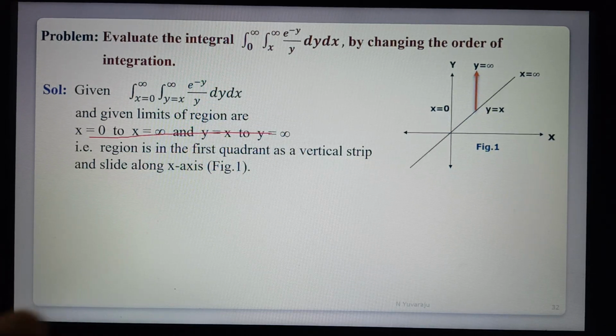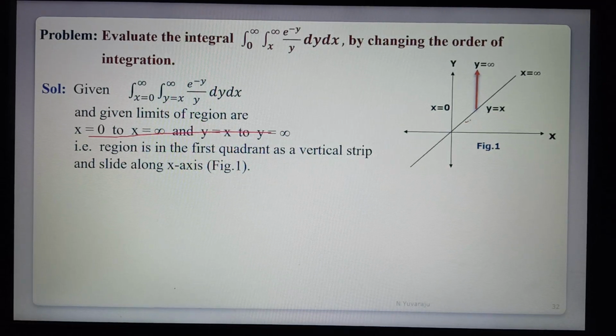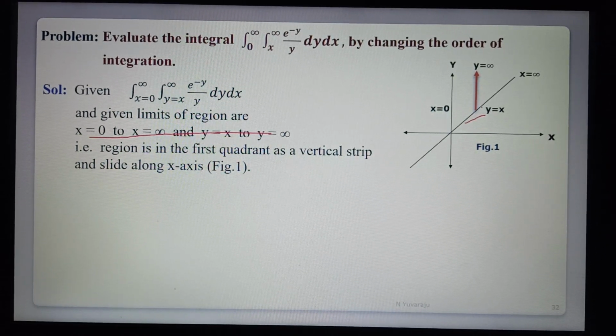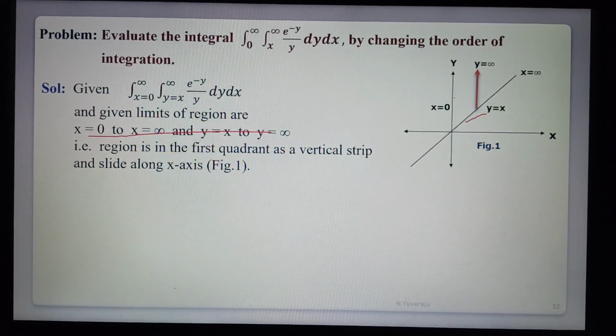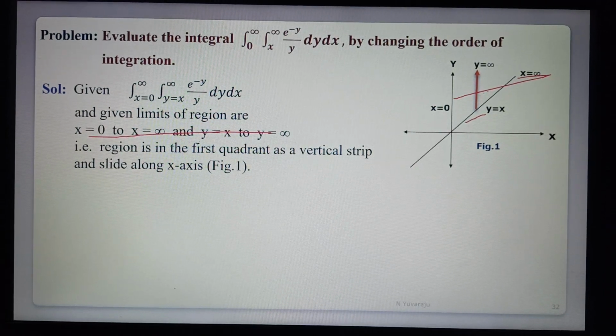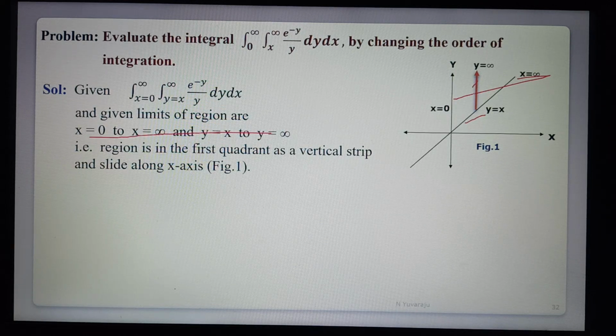So see, this is the graph from the given limits. So y is equal to x, this is y is equal to x to y is equal to infinity, up above. Next, x limits 0 to infinity, x is equal 0 to infinity, and this is the region, a vertical strip region of integration.